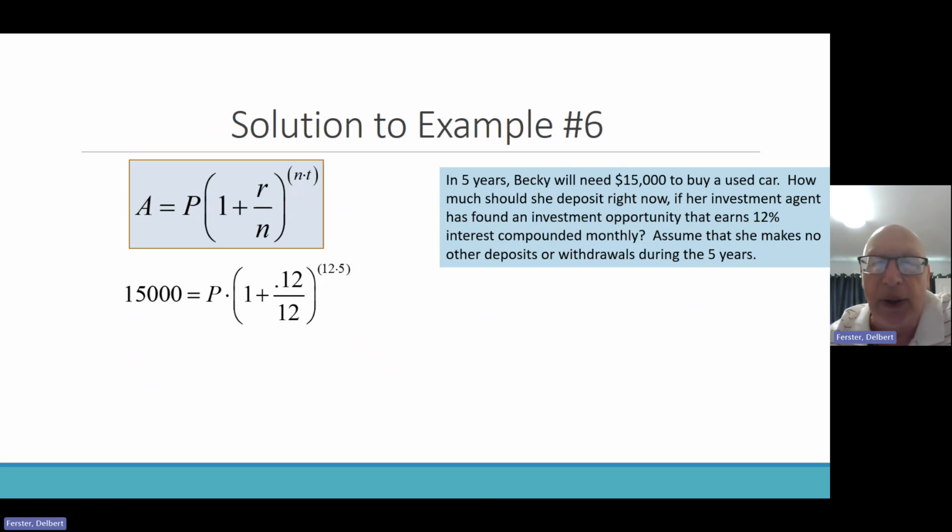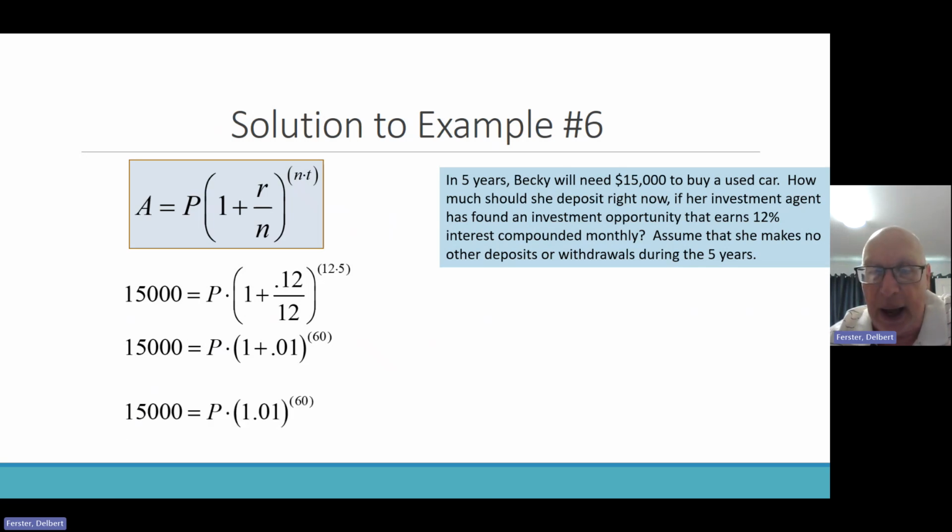What do we know? It's compounded monthly, so n is 12. The annual rate is 12%, and the 5 is for 5 years. First, a little cleanup. I'll divide 0.12 by 12, multiply 12 times 5, and then add 1 and 0.01. Welcome to algebra. We'll solve for P by dividing by the quantity 1.01 to the 60th power.